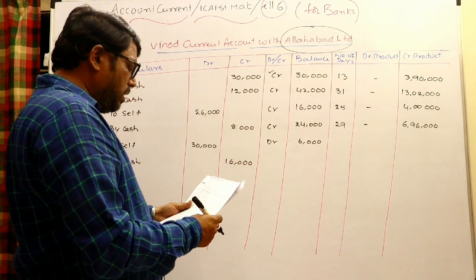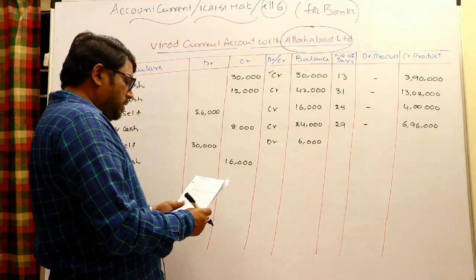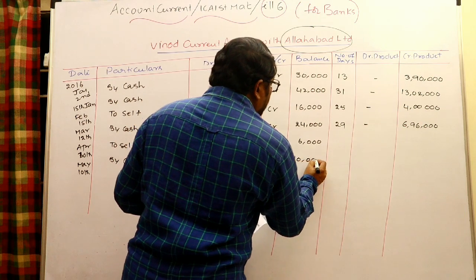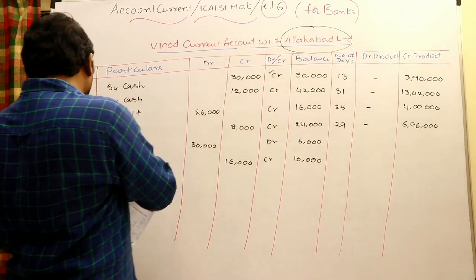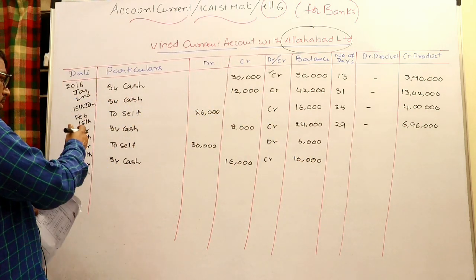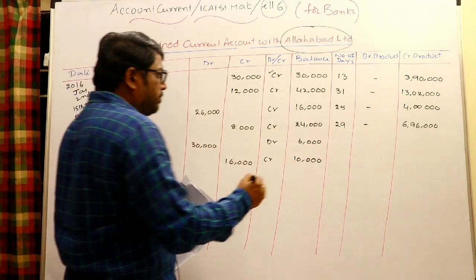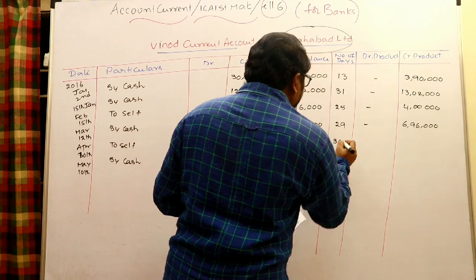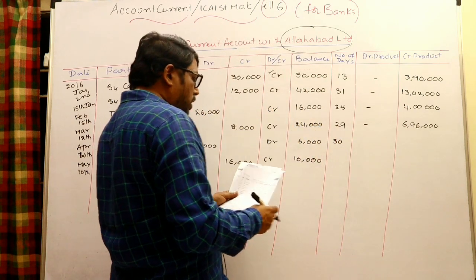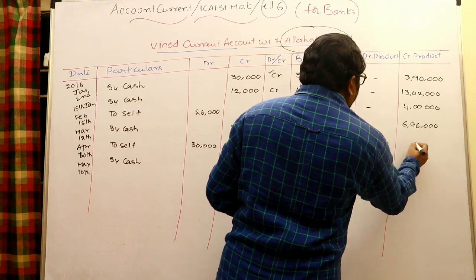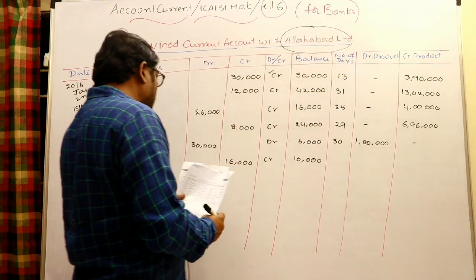So automatically this debit balance is converted to a credit balance of 10,000. Now let us calculate the number of days for the earlier one. In April 20 days are there, May 10, total 30 days. So 6,000 into 30, 1,80,000 is a debit product. Debit balance and debit product.